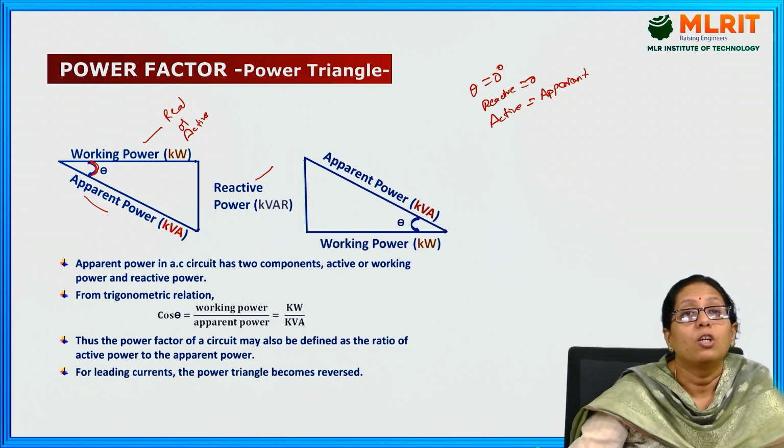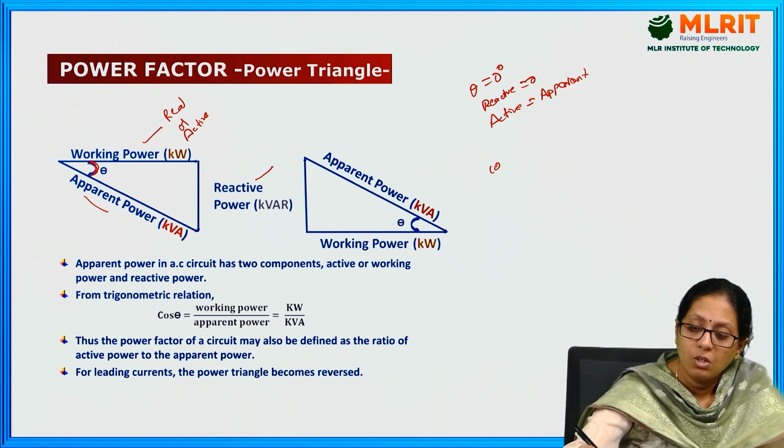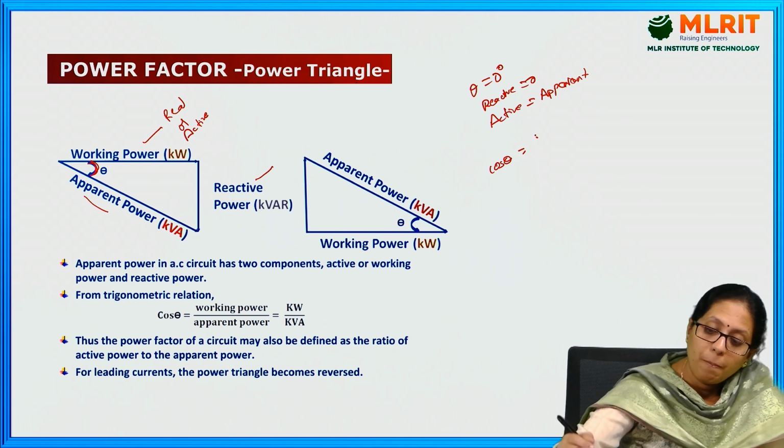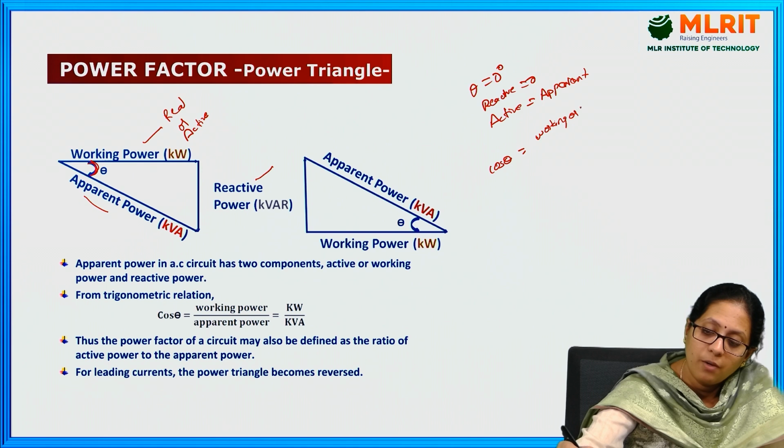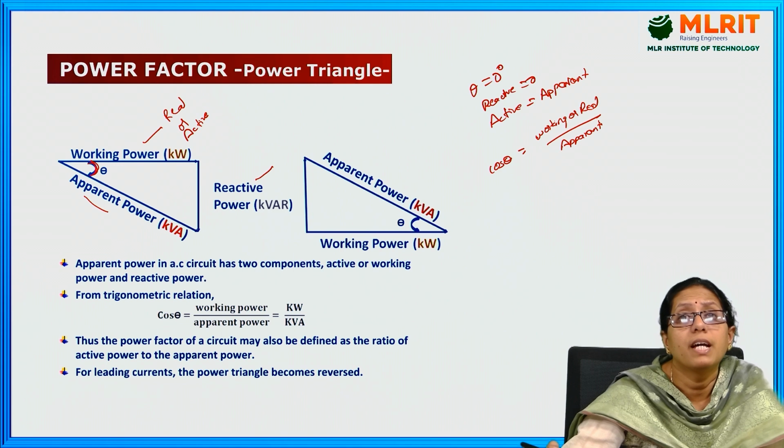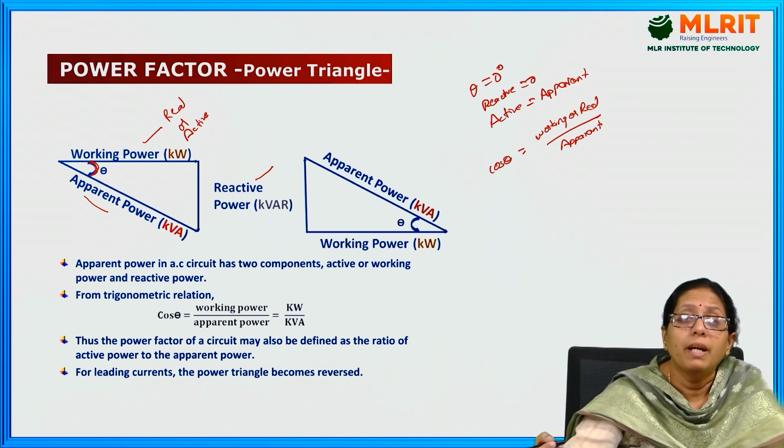So, the cos phi formula: cos phi or cos theta is nothing but working or real power by apparent power.